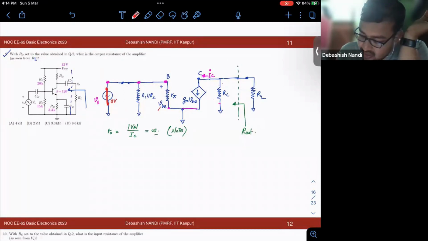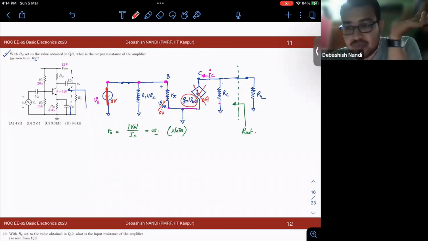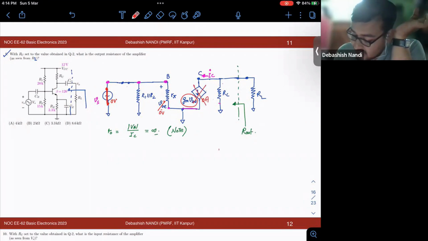If Vs is 0, my VBE is 0 volt. If VBE is 0, then this is 0 ampere. If this is 0 ampere, current source 0 means it is open circuit. So my equivalent circuit becomes this, and I need to find out resistance R out.